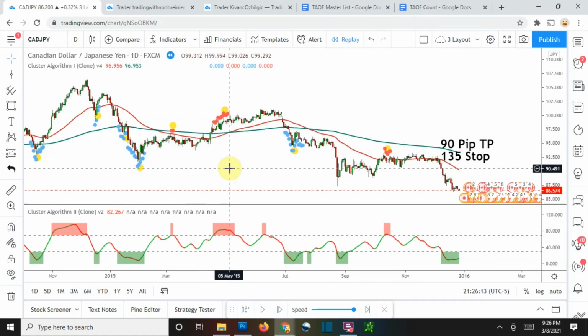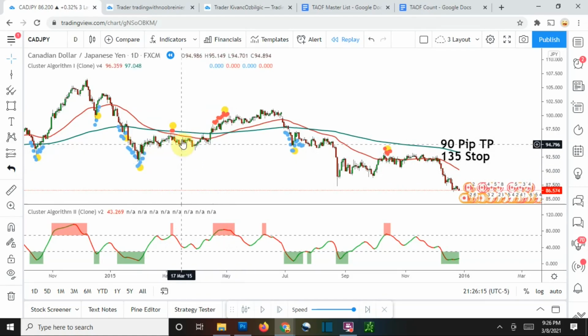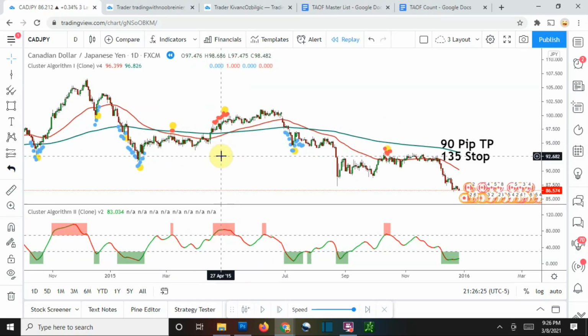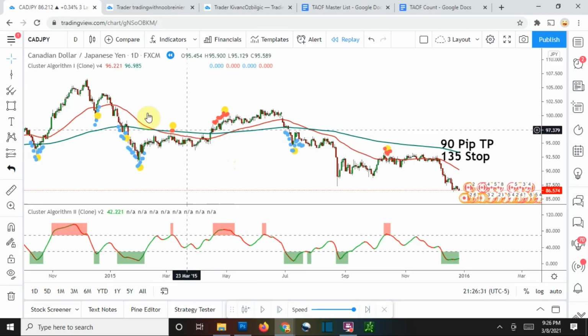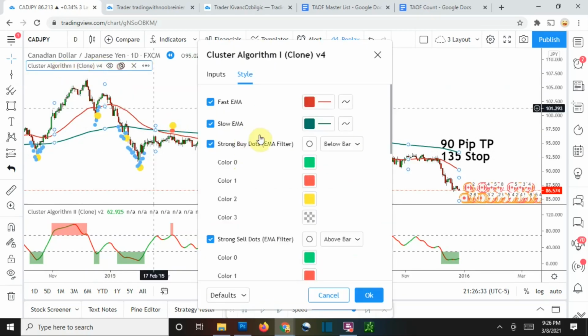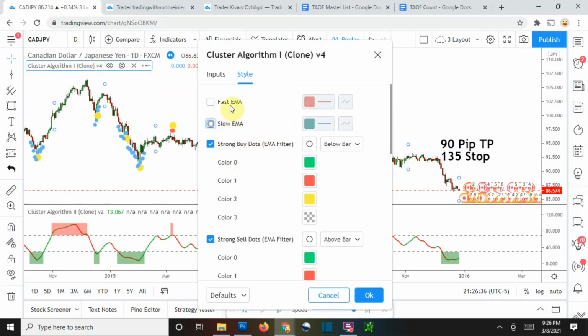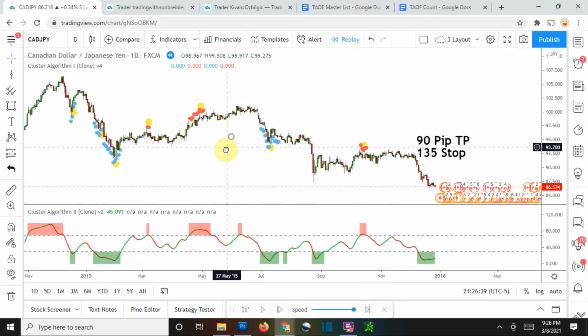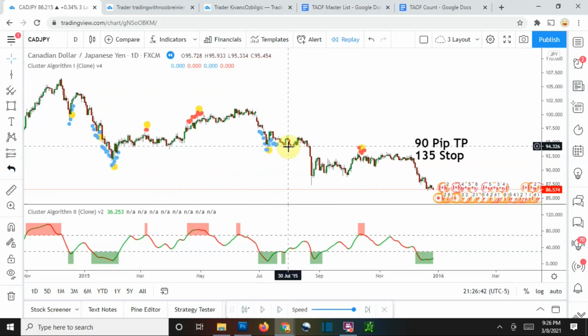I think Samuel Leach, the person who created this originally, did mention something about moving averages being on screen, but in his demonstration they weren't very clear. So I'm going to go in and, yeah, you can see fast, slow, EMA. So they are moving averages. They don't really have much to do with it.